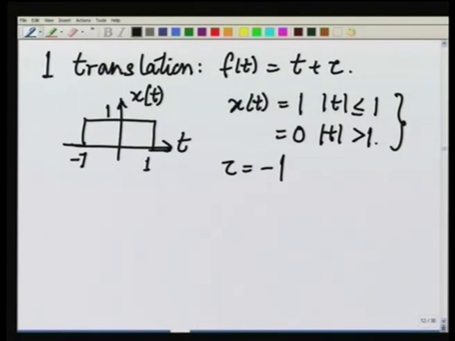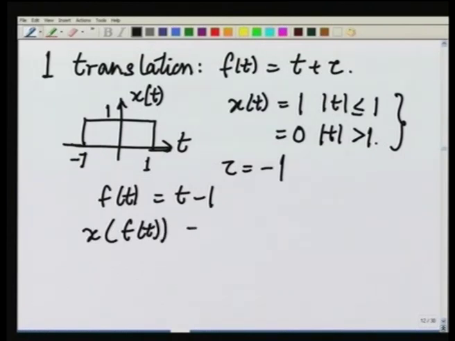Now, if tau equals minus 1, we will have f of t equals t minus 1, so that the new function we have to deal with is x of f of t, which is equal to x of t minus 1.